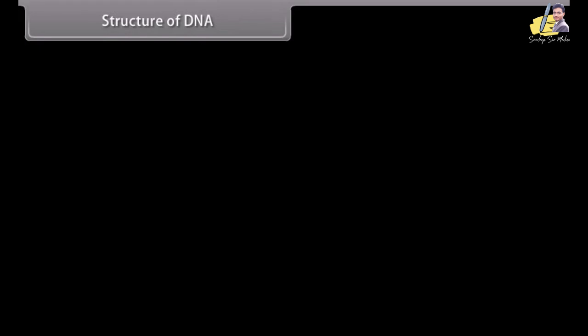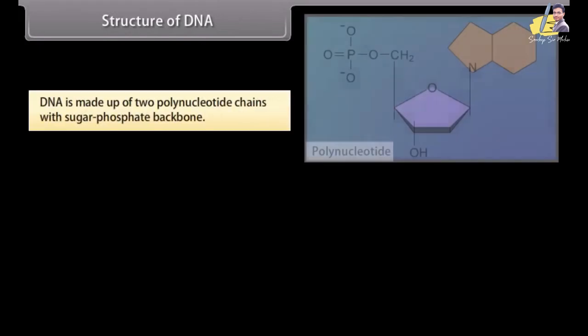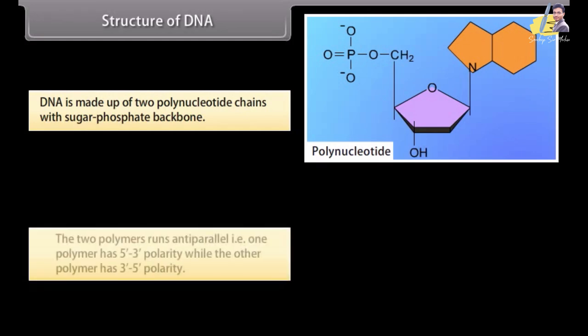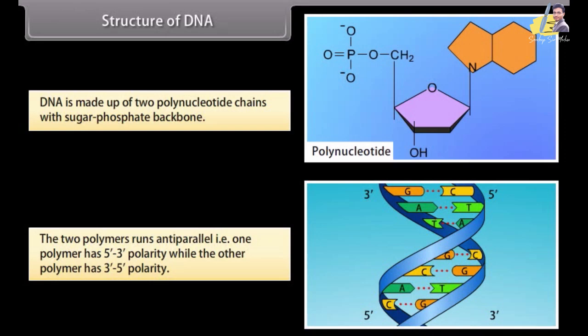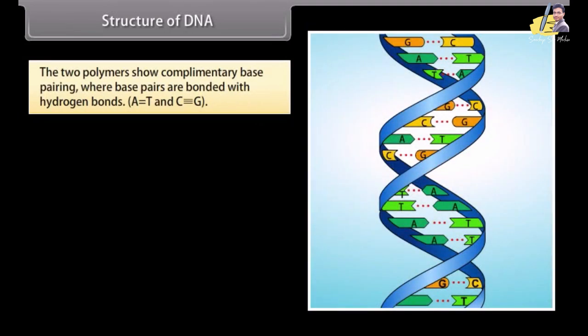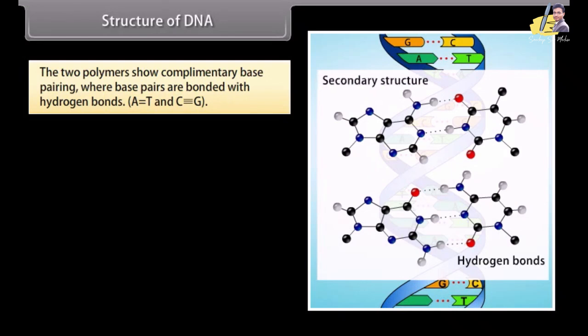Structure of DNA. DNA is made up of 2 polynucleotide chains with sugar phosphate backbone. The 2 polymers run antiparallel, that is, one polymer has 5' to 3' polarity, while the other polymer has 3' to 5' polarity. The 2 polymers show complementary base pairing, where base pairs are bonded with hydrogen bonds.